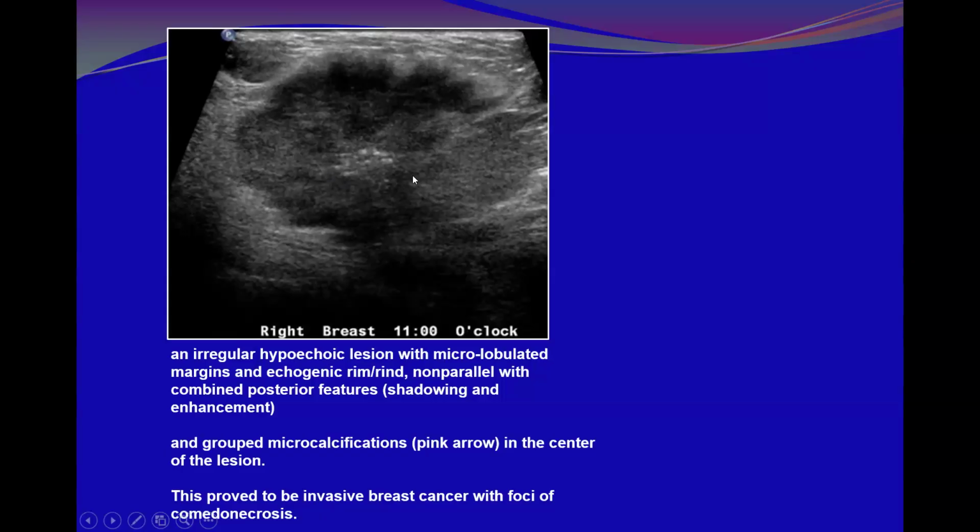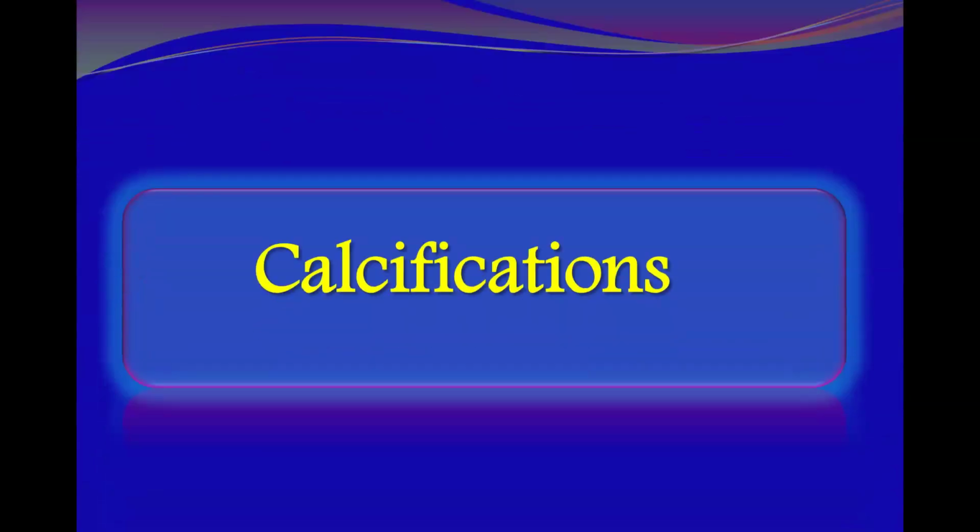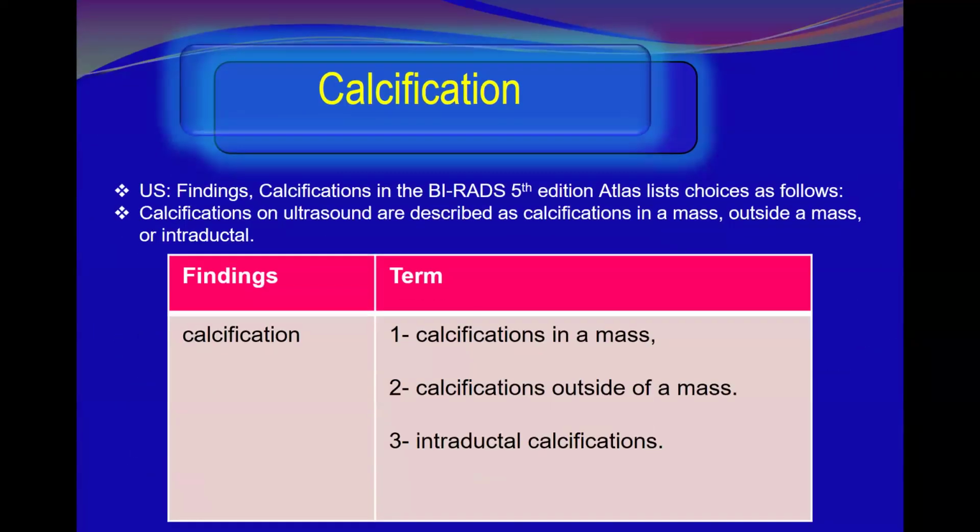So here the new description is the microcalcifications. Today we are going to talk about calcification on ultrasound. Calcifications in the BI-RADS 5th edition atlas list choices as follows.